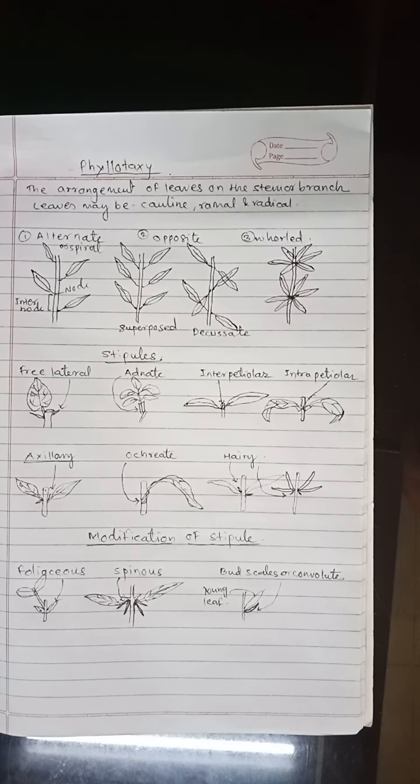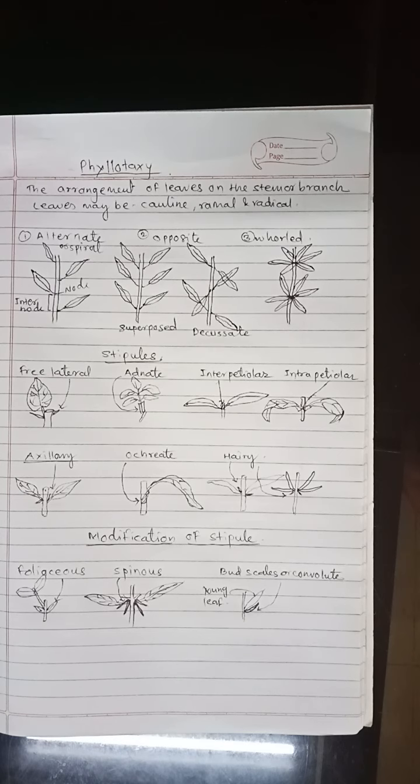The stipules are commonly found in dicots. In some grasses, an additional outgrowth is present between leaf base and lamina. It is called ligule. Grasses means monocot family. The leaves having ligules are called ligulate leaves.